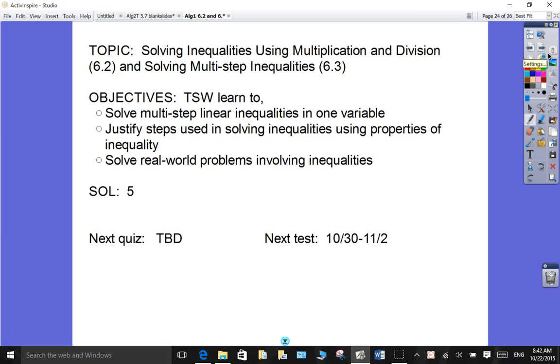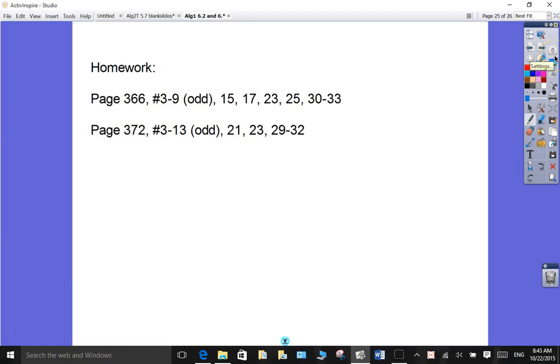So what does it mean when I put TBD? To be determined, right? I'm not sure whether next class we might have a quiz. If we do, it'd be a pop quiz. So if you already went ahead with page 366, then you're already done with that.